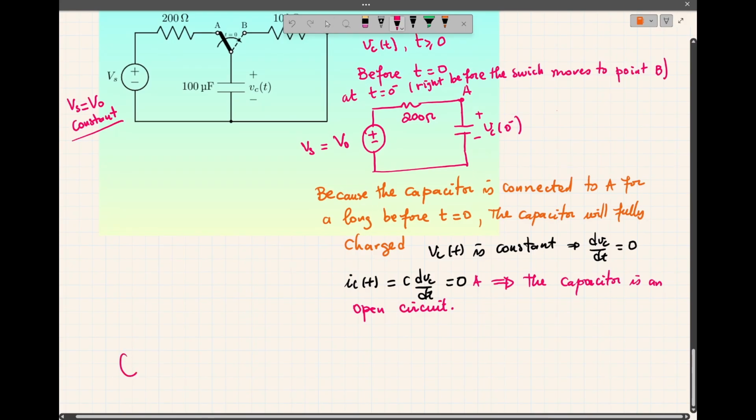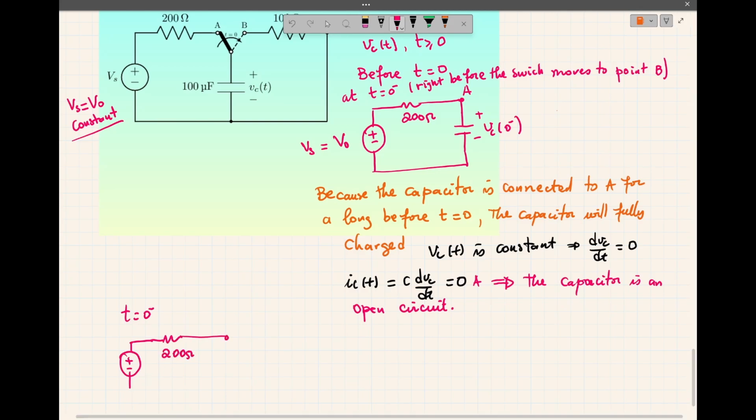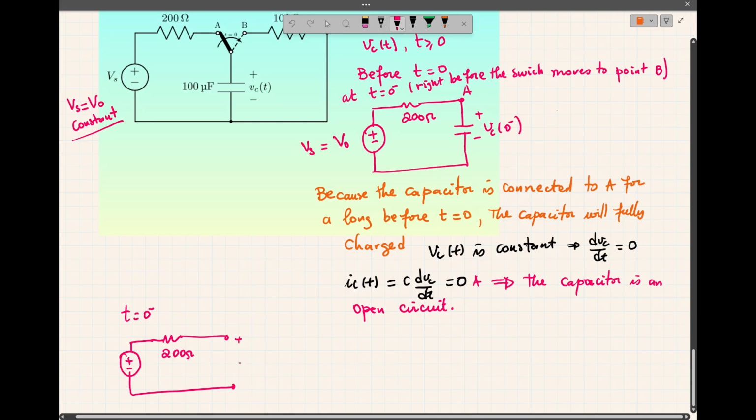Then let's redraw the network at t equal to 0 minus, right before the switch is moved. We have the 200 ohms, and the capacitor will be open.